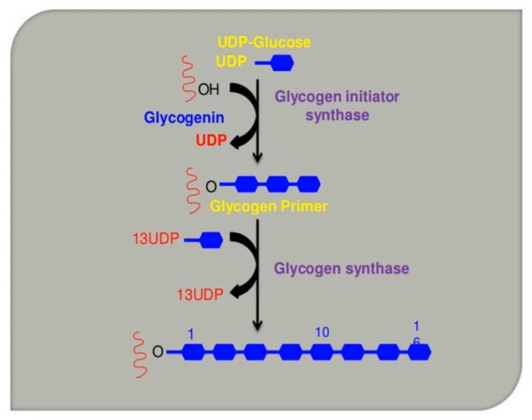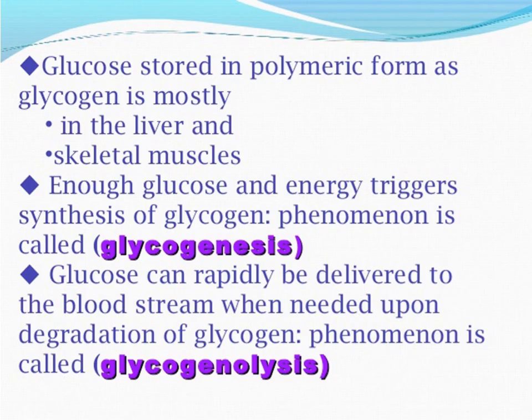Now the separated UDP acts as a primer to form the long chains in the presence of the enzyme glycogen synthase. Glucose stored in polymeric form as glycogen is present mostly in the liver and the skeletal muscles.